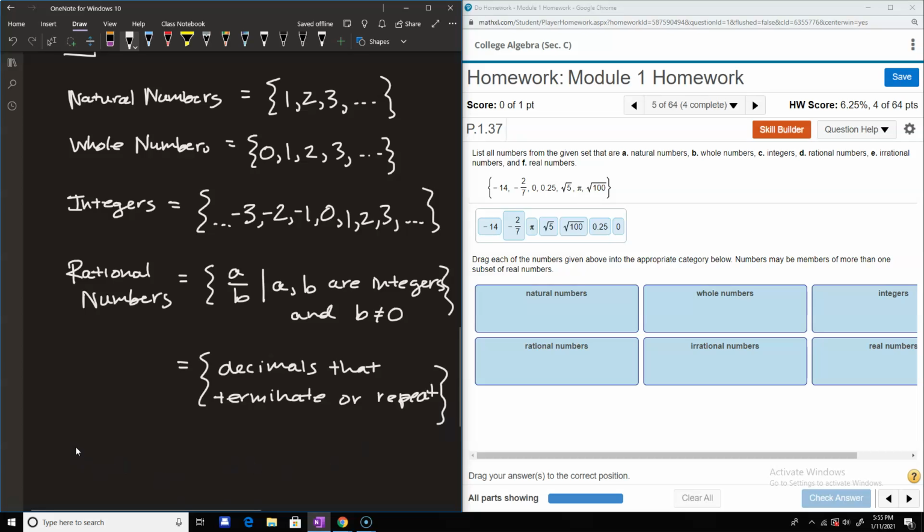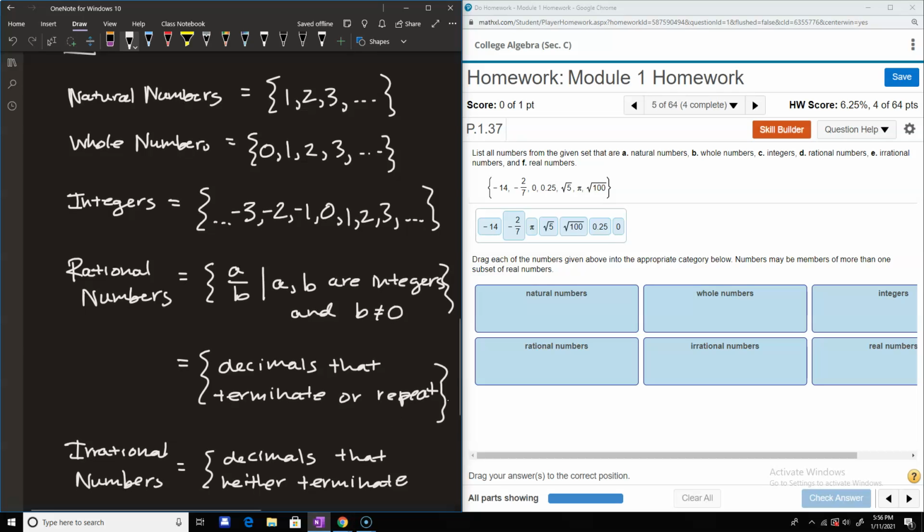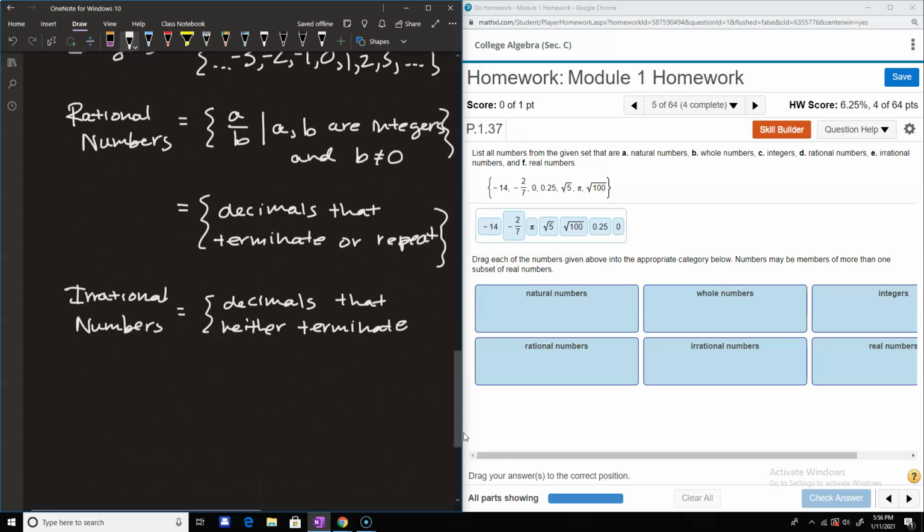Okay, and then the irrational numbers. Probably the easiest way to think about these is in terms of that decimal notion. So these are decimals that neither terminate nor repeat. So some examples of those.